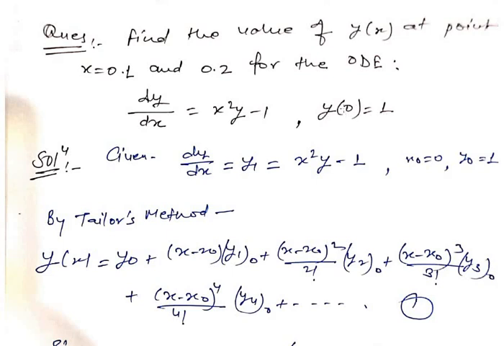It means x0 is 0 and y0 is 1. And dy by dx, it means y1, is given as x square y minus 1. And we have to find the solution of the differential equation for two values, x equals 0.1 and x equals 0.2. Okay, let's start the solution.